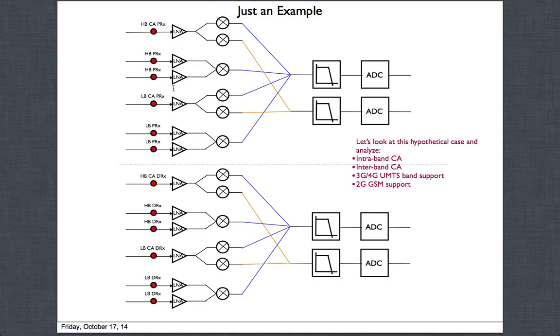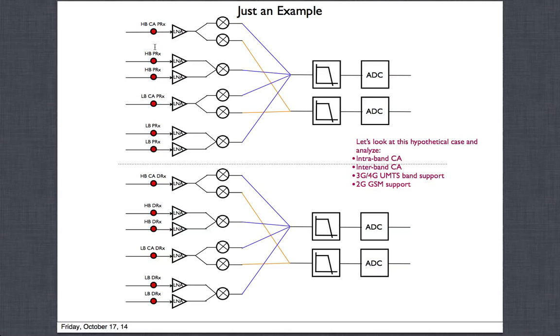And again, even though this is only showing 12, as I said, the current day transceivers are approaching I/O counts to support LTE Advanced, to support diversity, support all kinds of features, of almost 30. Okay, so these chips are becoming humongous in terms of how many paths they can have. So let me start with it and say, so how many high band paths do I have?